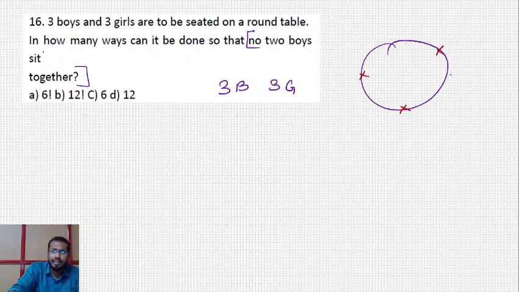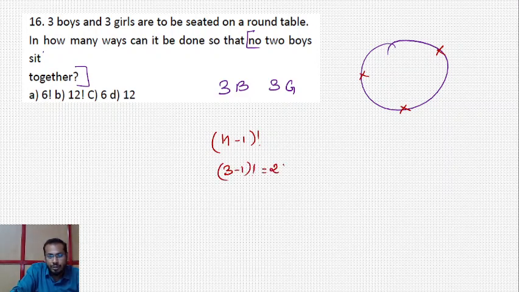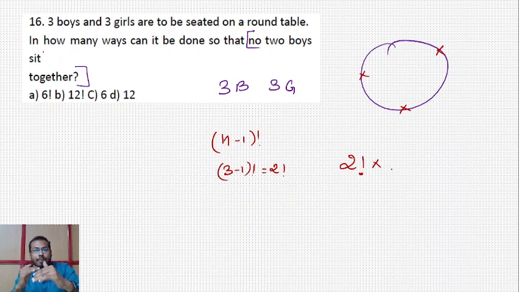But this is a round table. So in circular permutation, what is the formula? (N minus 1) factorial. So 3 minus 1 factorial, that is 2 factorial.